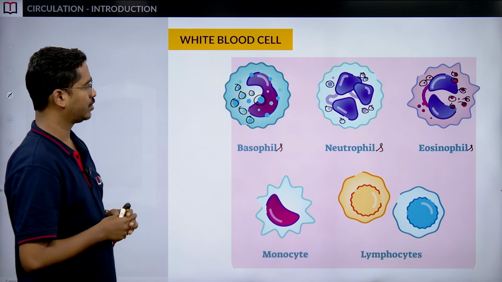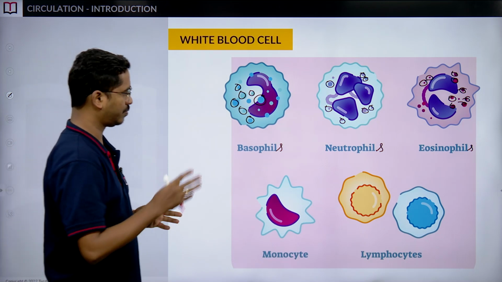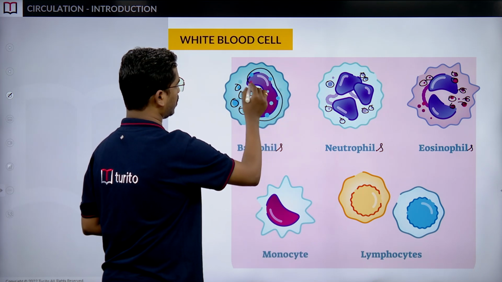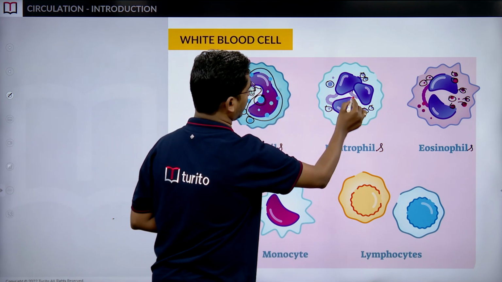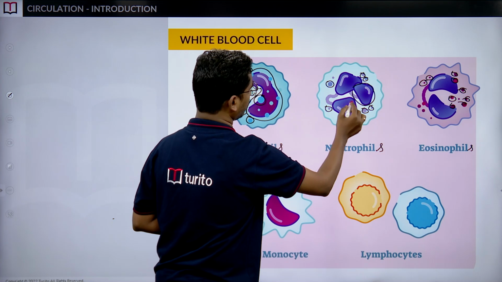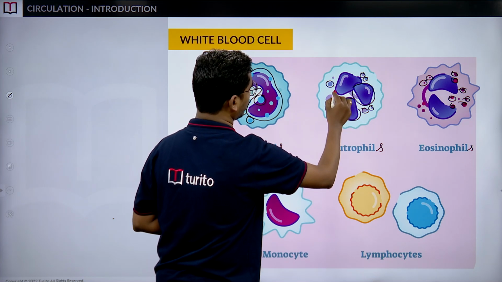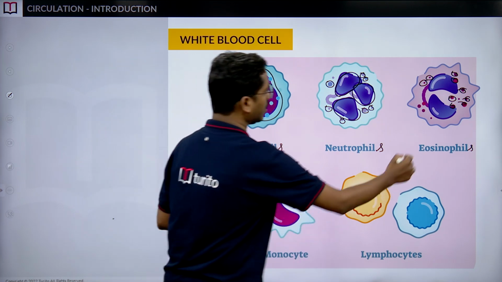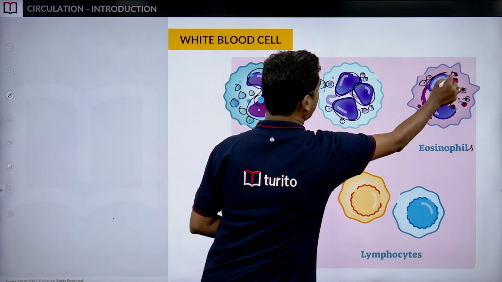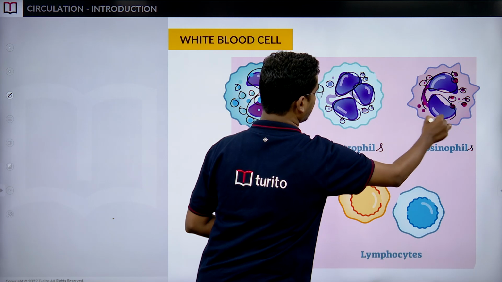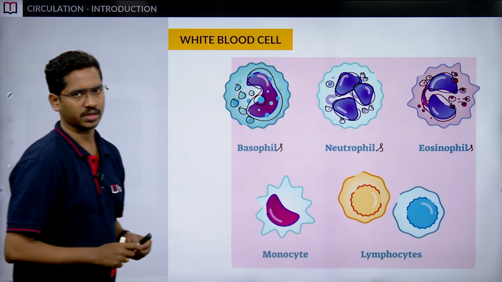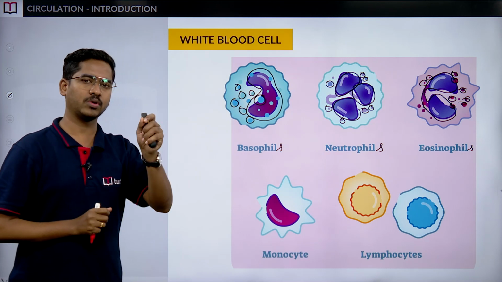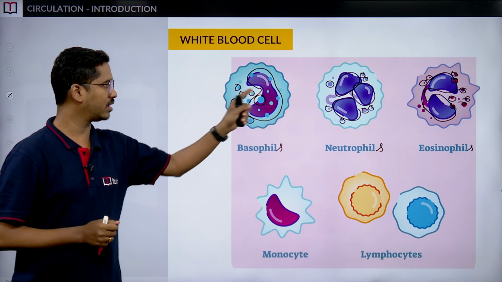Now, look at the nuclei of all of them. Look at how the nucleus is, as if it is divided into three parts, but you see there is still a link available here, right. One thing is that some substances are available inside, small grain-like things inside the cells.